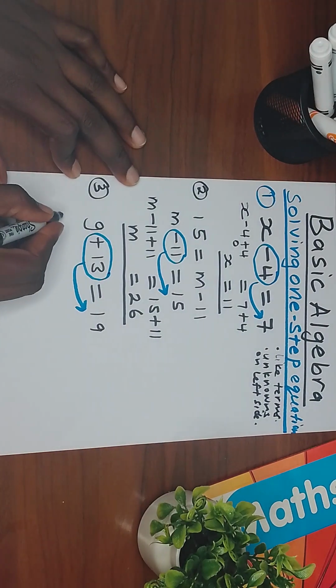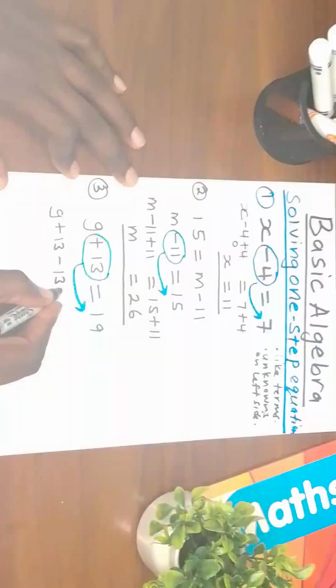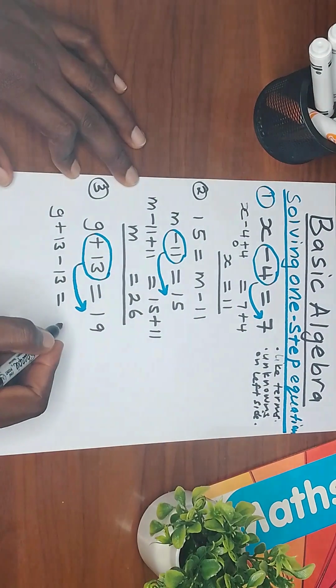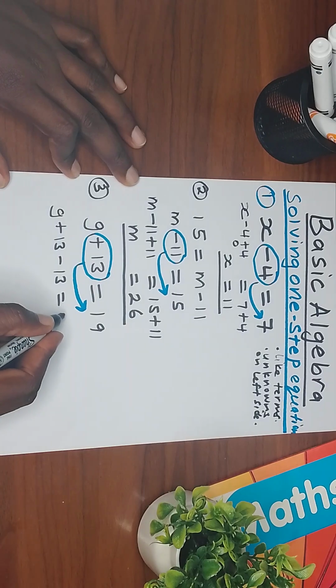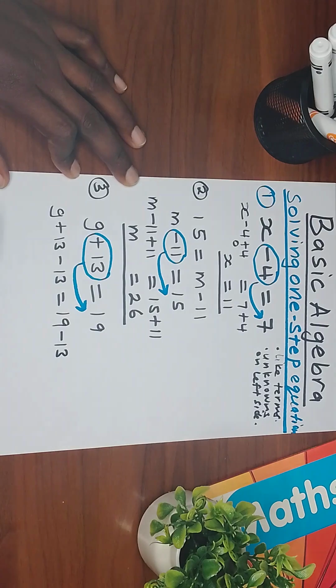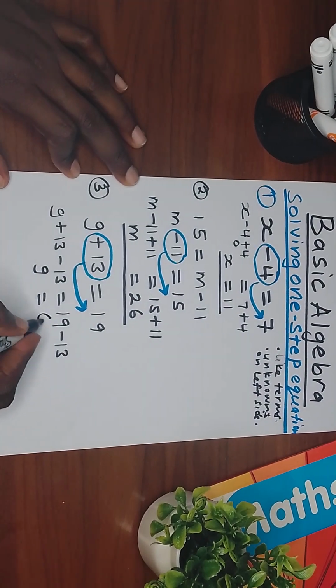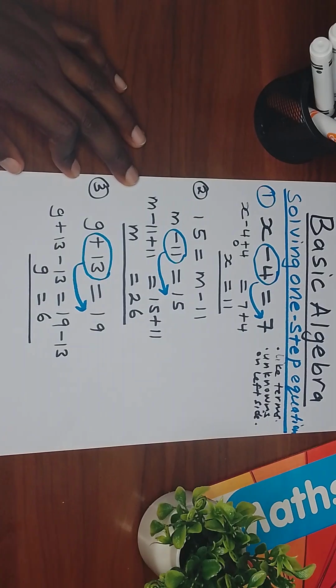So we'll write g plus 13 minus 13 is equal to 19 minus 13. This is going to give us that plus 13 minus 13, that is 0. So we'll have g is equal to 6. That will be our answer.